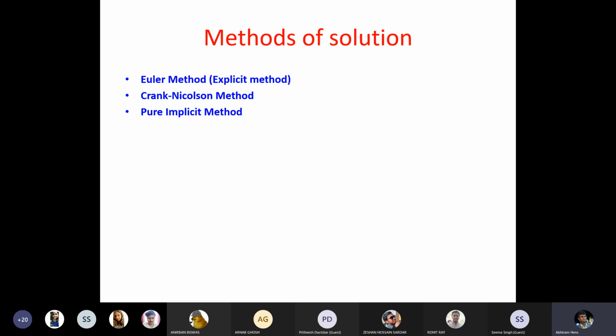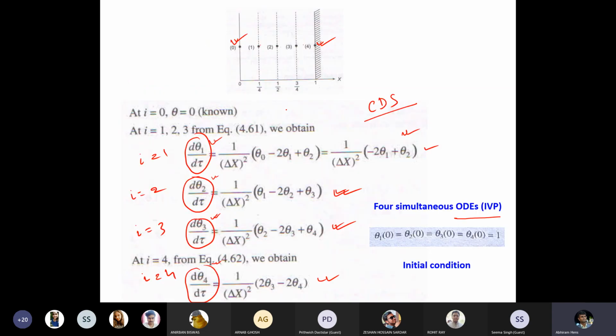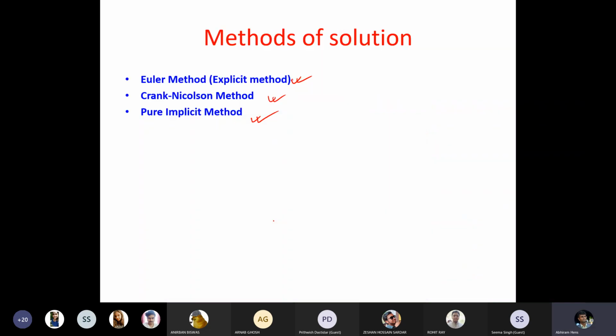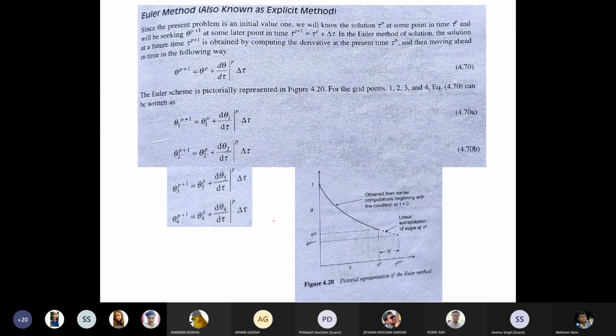One is known as the Euler method or explicit method. The second is known as the Crank-Nicolson method, and the third is known as the pure implicit method. These 3 different methods are available to us for discretizing these terms. We will see one by one how these methods work.